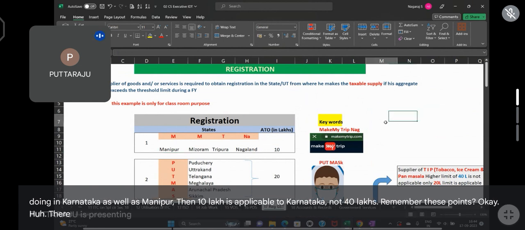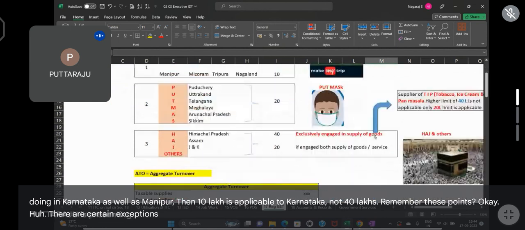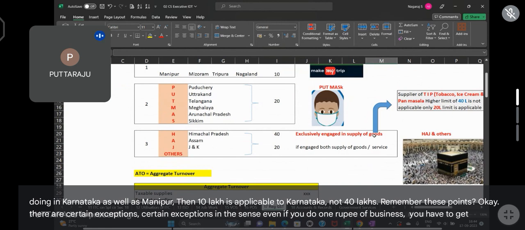There are certain exceptions. Certain exceptions in the sense, even if you do 1 rupee of business, you have to get registered. What are those?